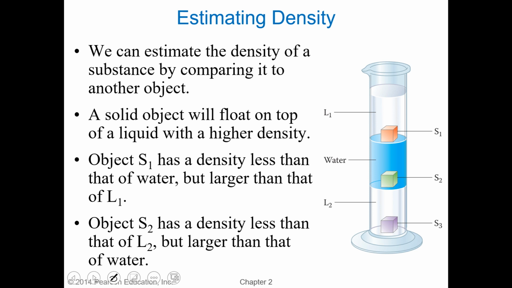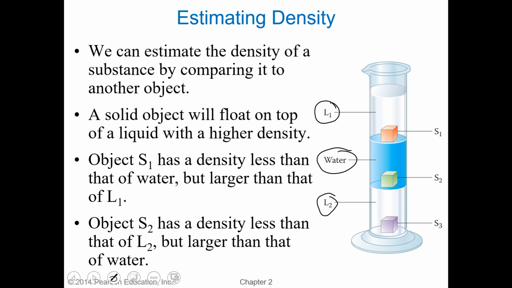We can estimate density by simply putting things together. So if we know that we have 3 different liquids, you can clearly see they're spaced out. Maybe this is oil, vinegar, and water. Maybe it's an ethyl alcohol and oil and water. The point is the 3 liquids, 1, 2, and 3, clearly have different densities because they're layered. We see that in salad dressing. We see it when you try to mix oil and water.